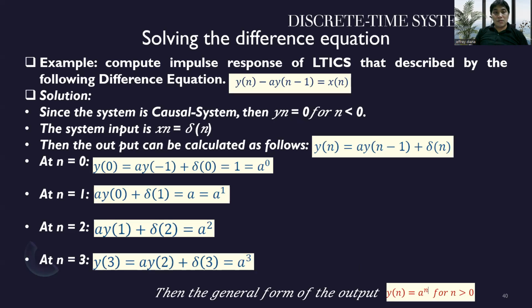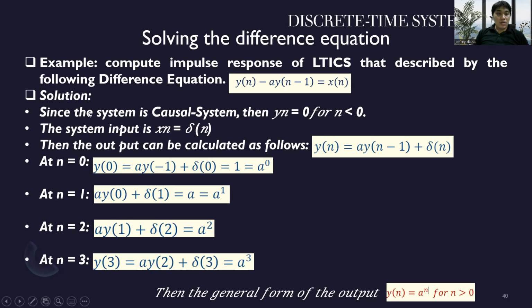To solve the difference equation, compute the impulse response of the linear time-invariant system described by the following difference equation: y(n) minus a y(n-1) equals x(n).